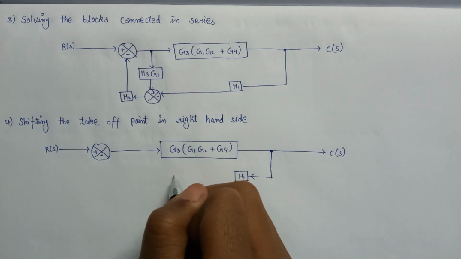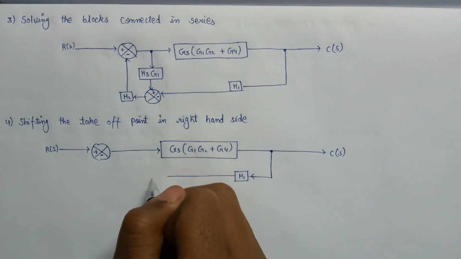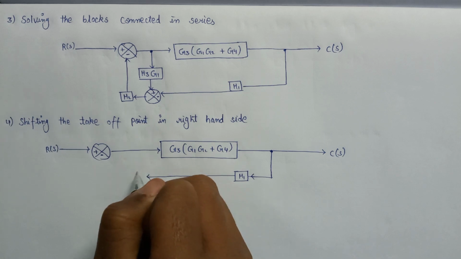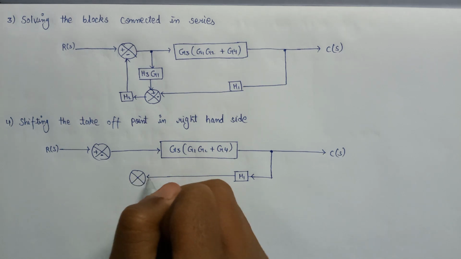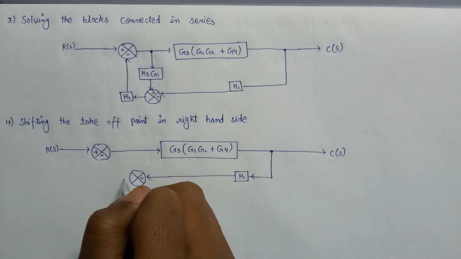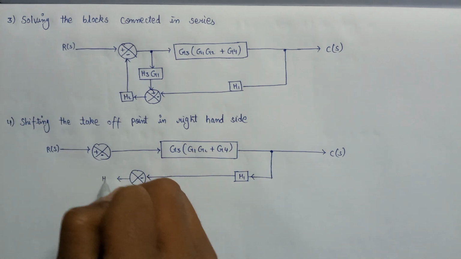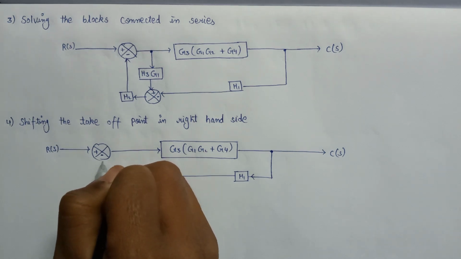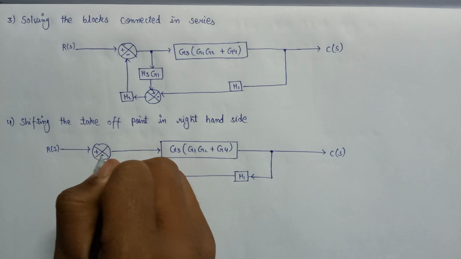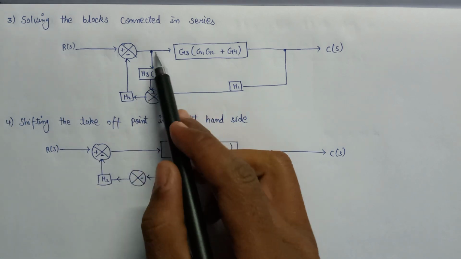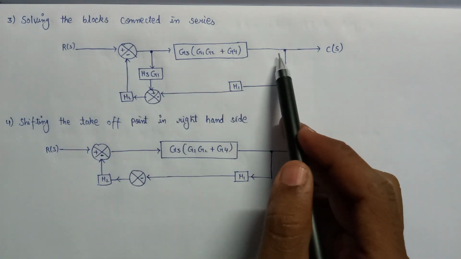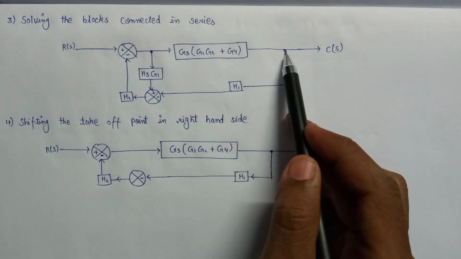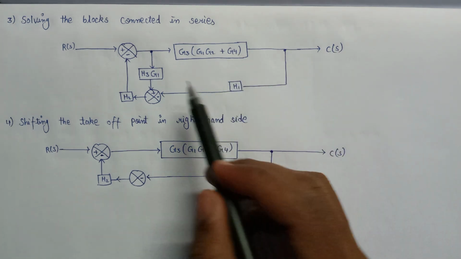And it is being fed to another summer here with a negative polarity, and this is being connected to another feedback gain, that is H2, and it is fed to this summer with negative polarity. Now if we shift this takeoff point after this gain block at this position, then what will happen?